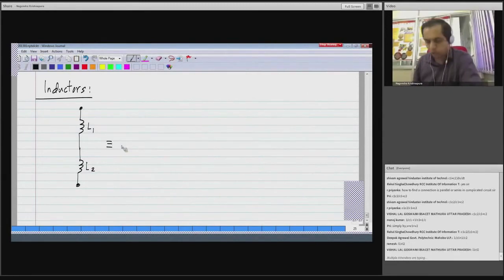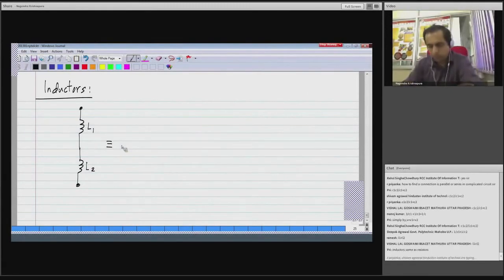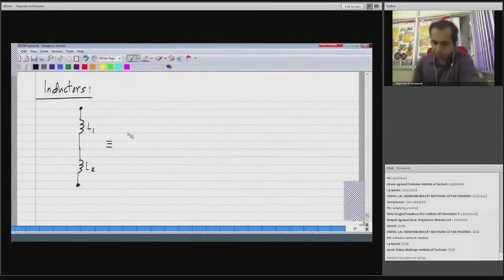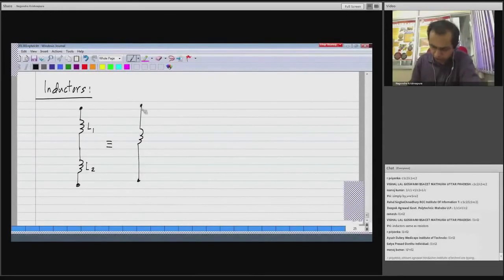What is this going to be equivalent to? As many answered correctly, this will be a single inductor of value L1 plus L2.